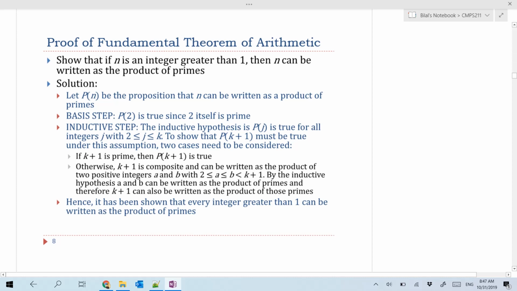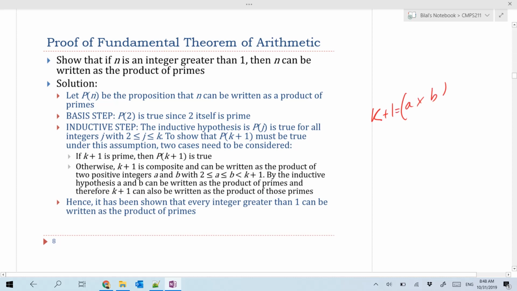Yes, induction. When you have recursive functions, often if you want to prove properties about them, you will use induction and recurrences, okay? So once again, what we have here is k plus 1 equal to a times b.